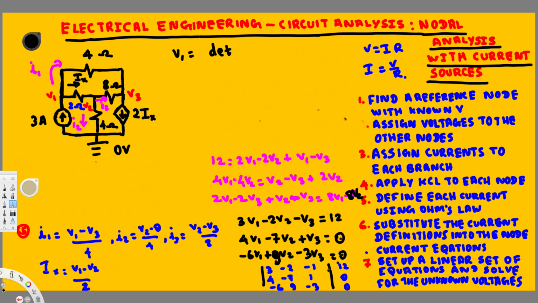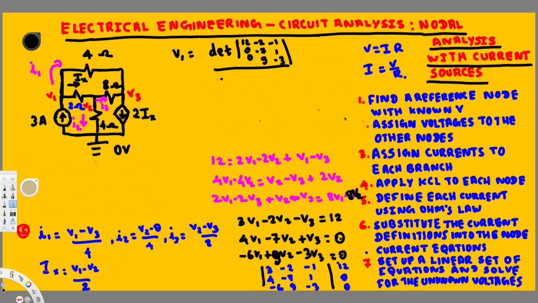If you want to find v2, you swap this one with the v2 column and the others remain the same. Since we are trying to find v1, we swap this 12, 0, 0 into the first column, because the first column is the v1 column. If you swap that, it's going to be 12, 0, 0 and the others are going to be minus 2, minus 7, 9, minus 1, 1, minus 3, right?